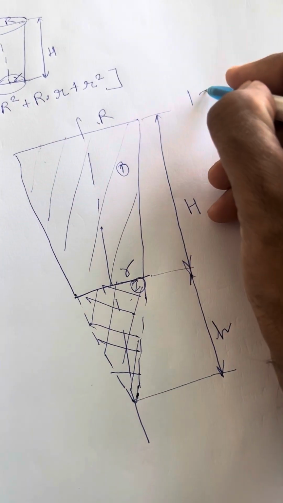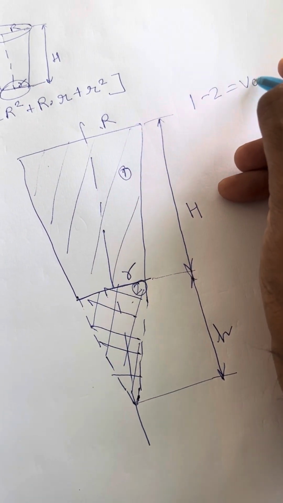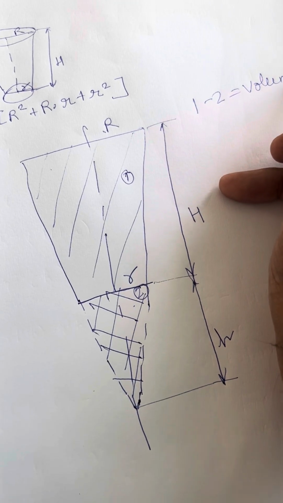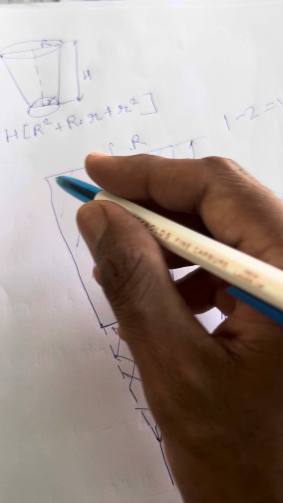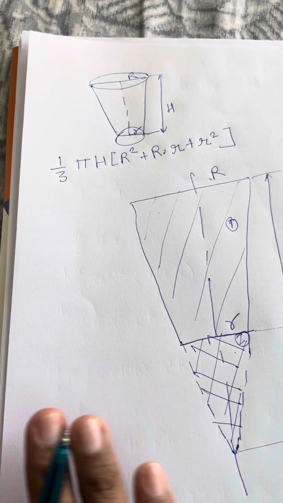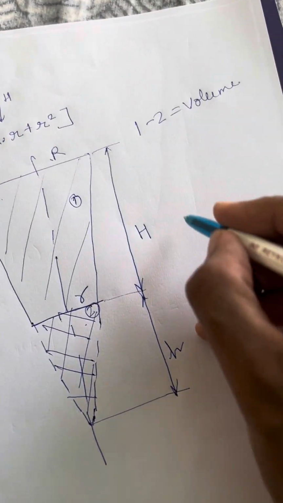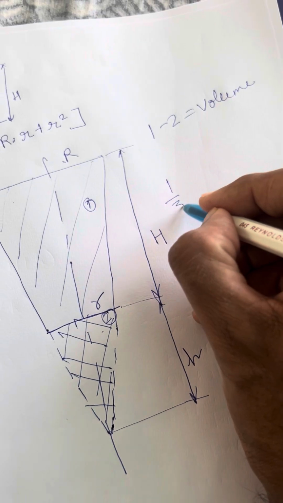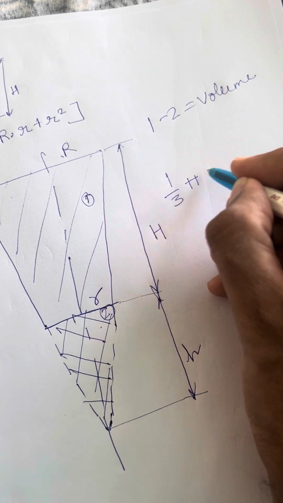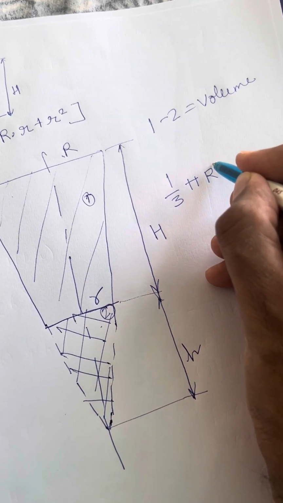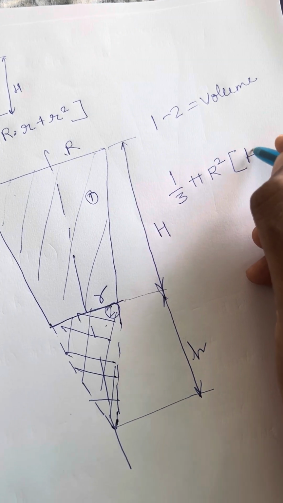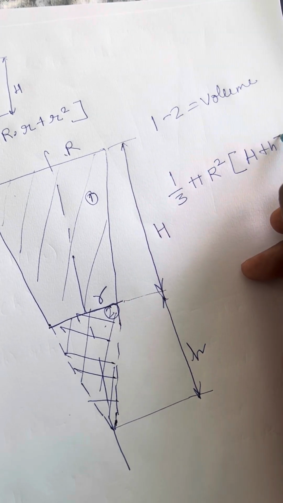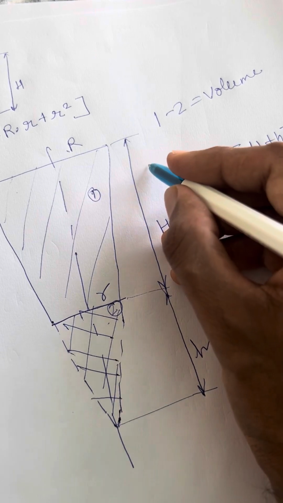So 1 minus 2 is my volume of the frustum, if we all agree. So what is 1? 1 is basically a big cone, the formula for which we already know. This would be 1/3 pi R square (H plus h). This is volume 1.